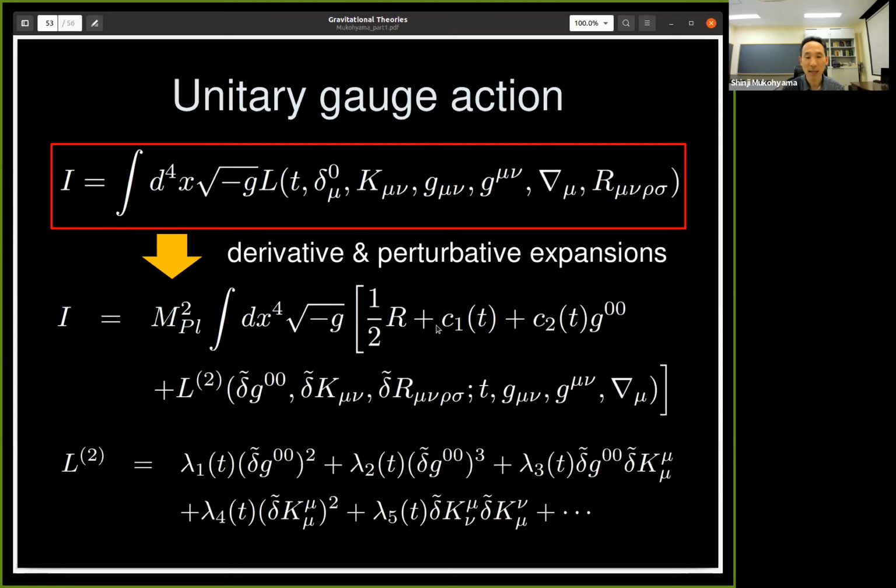Then expand in this way. Then we can compare the action obtained in this way with this, and compute the coefficients. There is a kind of dictionary between theories and these coefficients. I didn't show you, but in the literature there are some tables or dictionaries.